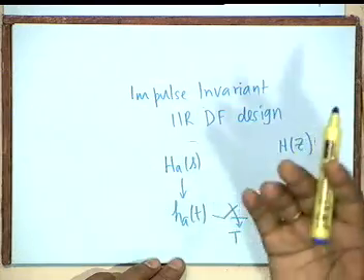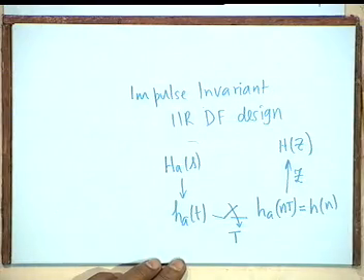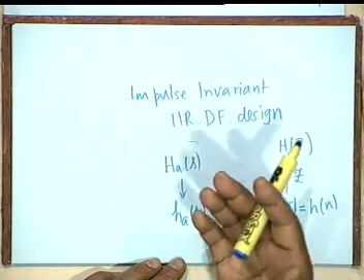Capital T small means sampling frequency is high. As the sampling frequency goes up, aliasing distortion goes on decreasing. We shall show an example.